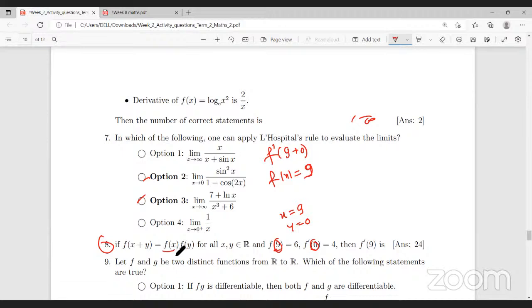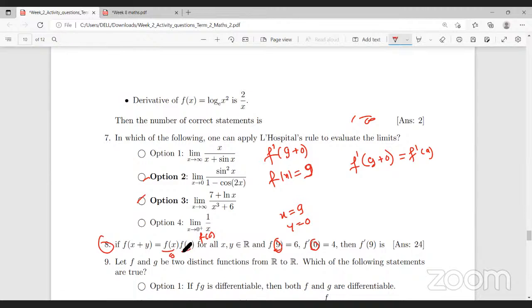So my f of x will become f of 9 and f of y will become f of 0. That is not given. So this function will be f of 9 plus 0. Yeah, so if I differentiate it, it will be f dash of 9.